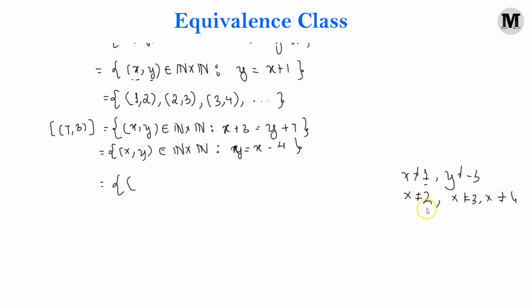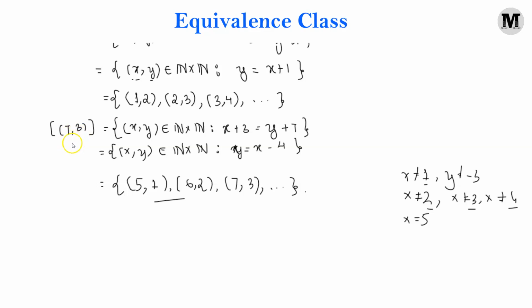So we have to skip these values, 1, 2, 3, and 4, and start with x equal to 5. When we choose x equal to 5, the y value is 1. When we choose x equal to 6, the corresponding y value is 2. When we choose x equal to 7, the corresponding y value is 3, and we have the rest of the ordered pairs. So here we have successfully obtained the equivalence class of the ordered pair (7, 3).